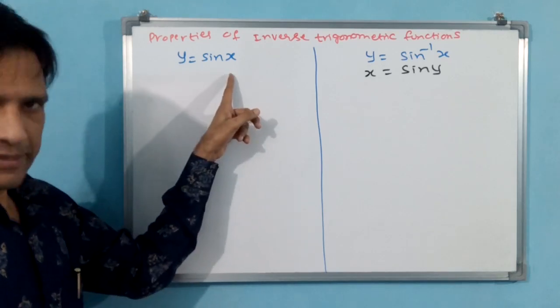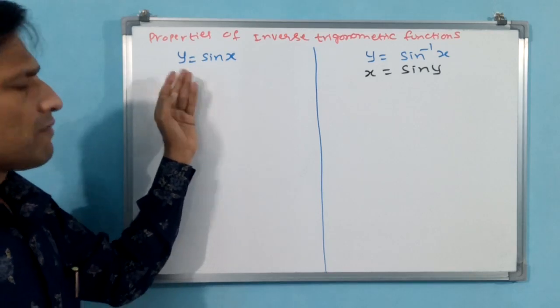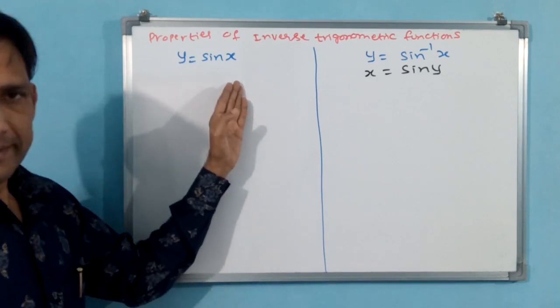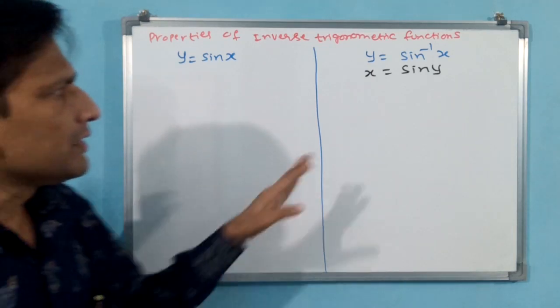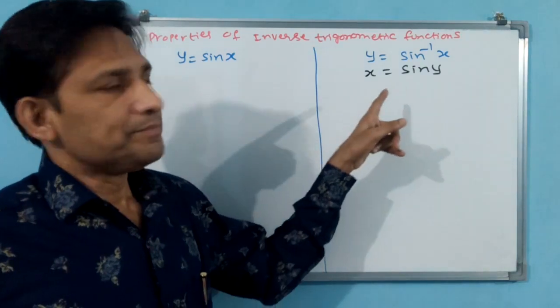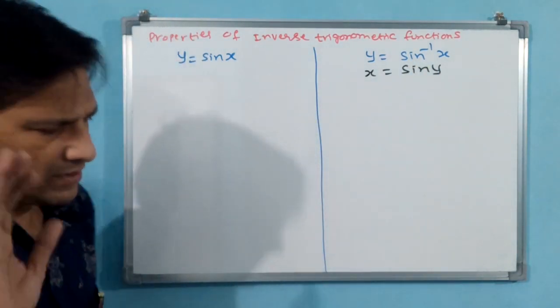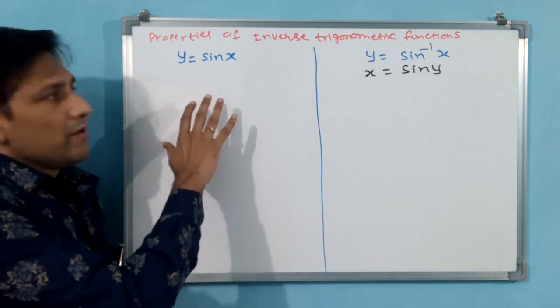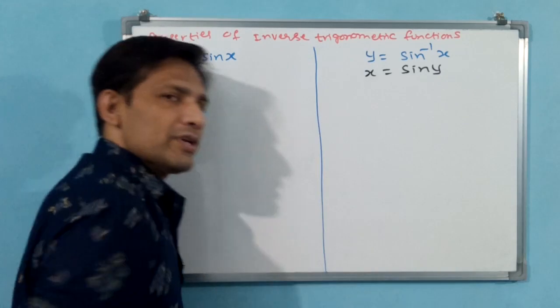Always we take x as input, y as output. That is why function y is equal to sin x, or sin x is a function. Here also, inverse trigonometric function means sin inverse x will come. Here input is angle, here input is value.